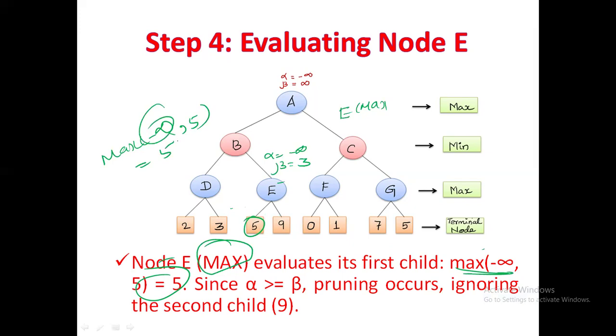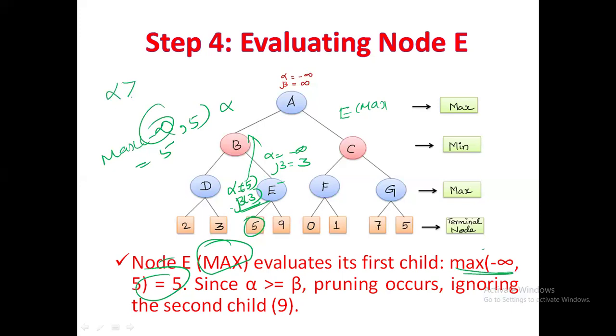Now alpha is 5, and alpha of 5 is greater than beta of 3 at node B. Here the pruning condition, alpha greater than or equal to beta, is met.